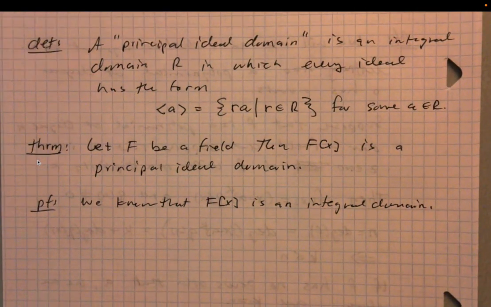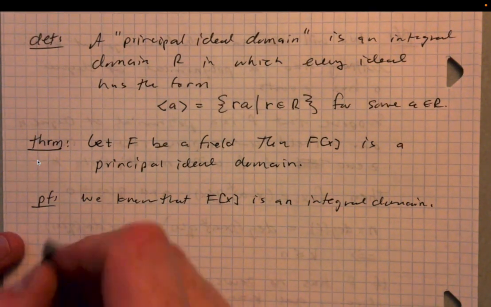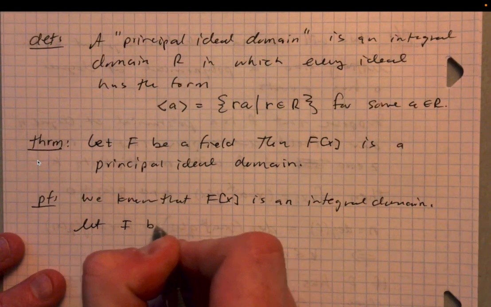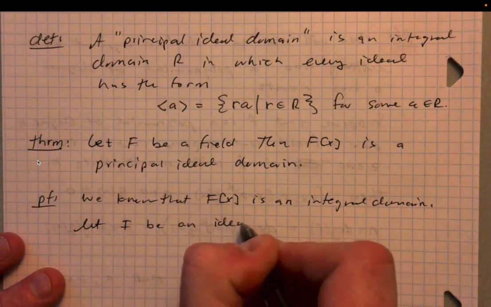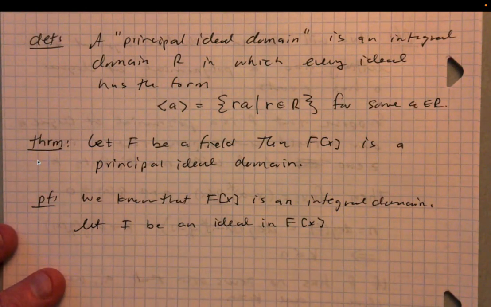Right, we know that F[x] is an integral domain, because F is a field, and so we have the property we need there. Let I be an ideal in F[x].